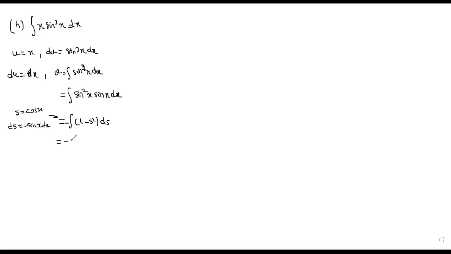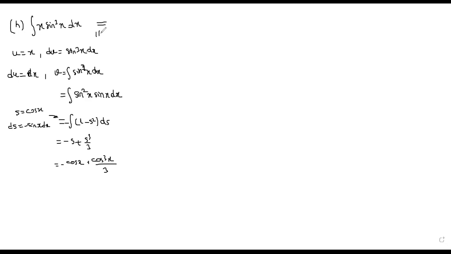So what do we get? Minus, it will be equal to s, and this will be equal to minus s cube over 3, so we will have plus s cube over 3. Now instead of s, if we write cosine x, we have minus cosine x plus cosine cube x over 3. All right, so v is equal to this then.